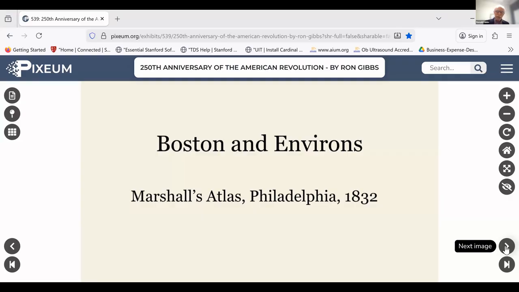This atlas was published in 1832, and I'm going to show you about 4 maps from this atlas because they have unusual degrees of scope and detail. And I'm very pleased to tell you that in the current issue of Portolan, Tom Paper and I have an article about all 10 maps in Marshall's atlas.